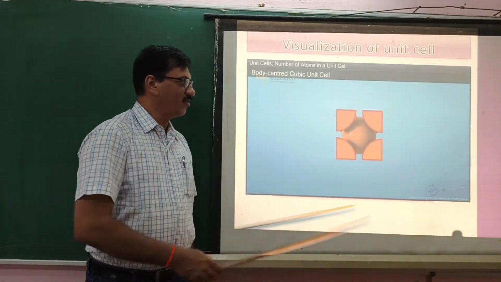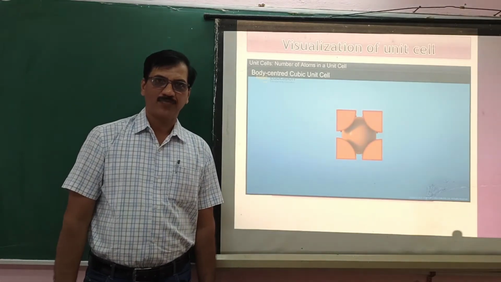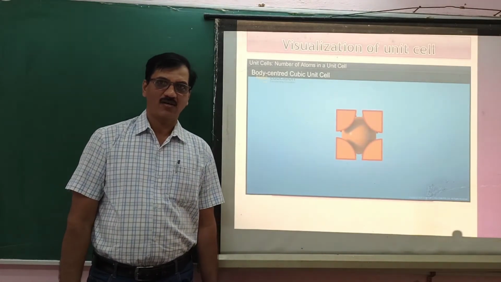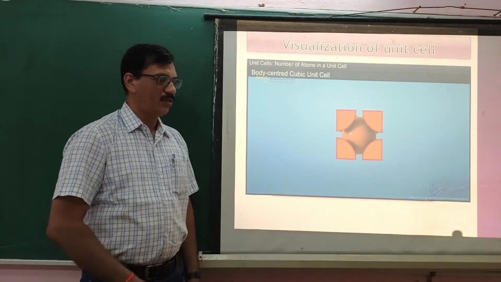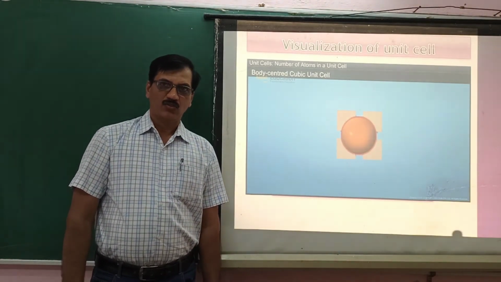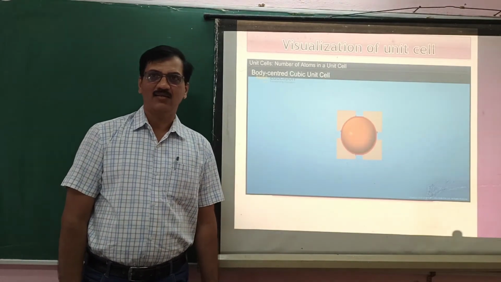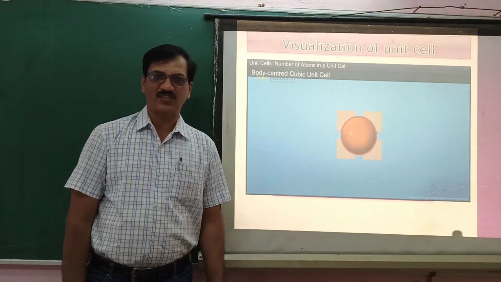1/8 of each atom at the corner belongs to the unit cell, plus one atom totally which is trapped inside. So there are 2 atoms inside the body centered cubic unit cell.